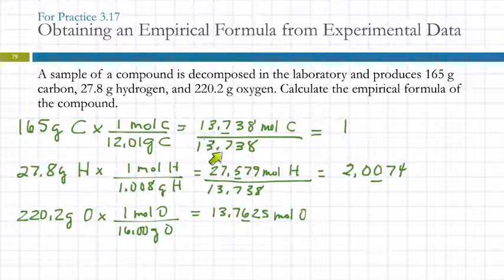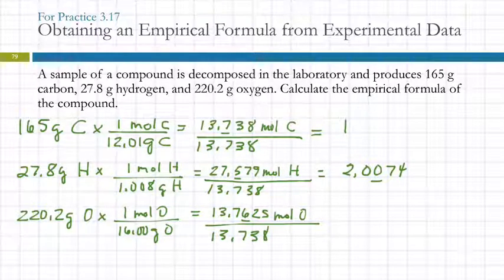When you divide the smallest by itself, that's always going to be exactly 1. And then the others are going to have some digits on them. I have to divide them all by the same thing to preserve the ratio. And so this one comes out to 1.00178.